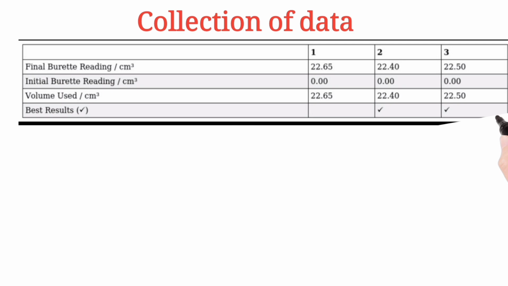Let's go to 1. After the 00 mark, after running out the acid from the burette, we ended at 22.65. That gave us the final burette reading for the first titration. And then for the second titration, we ended at 22.40 cm cube.